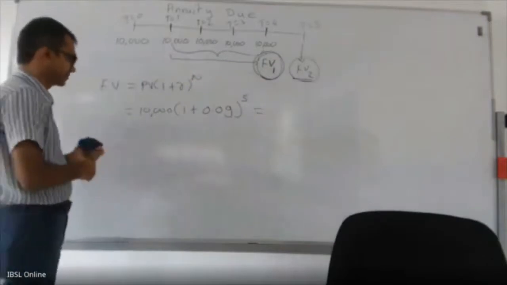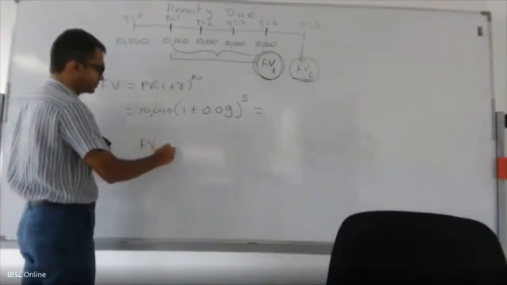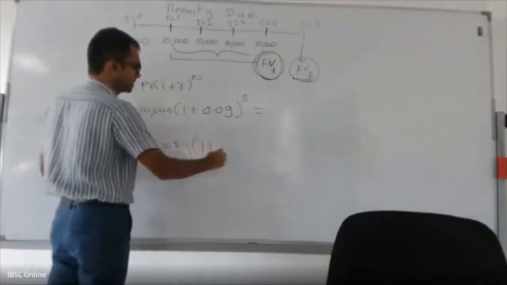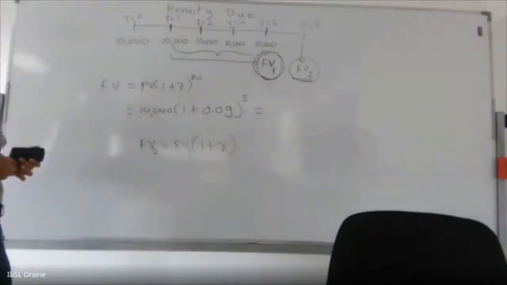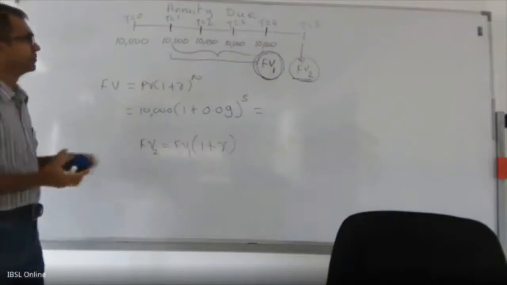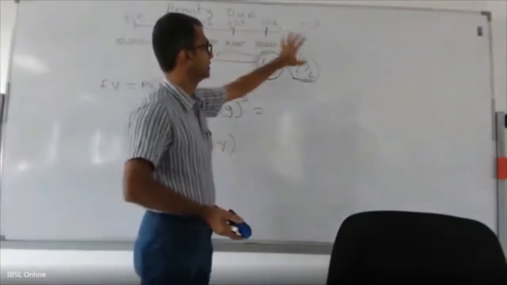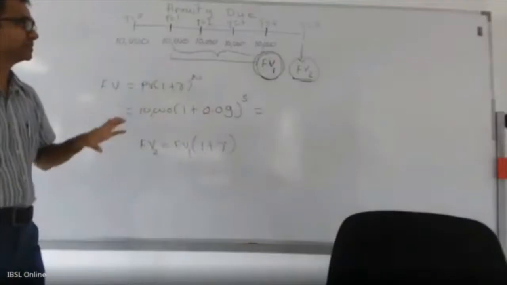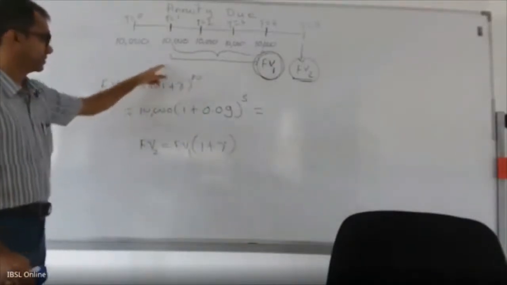So then that future value, FP2, should be FP1 times (1 plus R). Clear? Then we get the future value of these 4 cash flows at the end of the 5th year. But to get the final answer, we have to add this part as well.